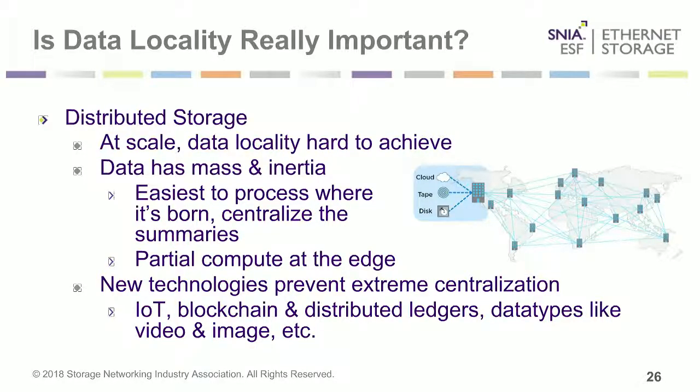It's difficult stuff to push around, and it's actually easiest to process it where it's born and to centralize the summaries, for example, and do partial compute, the thing I talked about earlier, at the edge. Also, then there are new technologies that prevent this extreme form of centralization that we've come from. So, for instance, blockchain and distributed ledgers, those are done in a very distributed fashion.